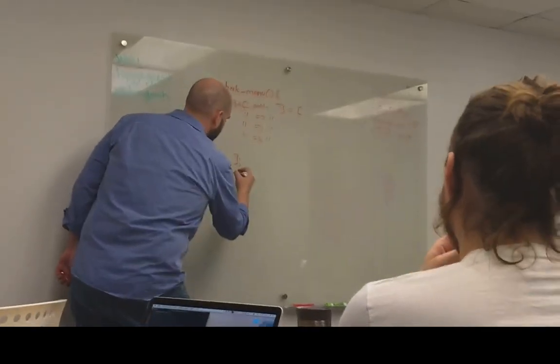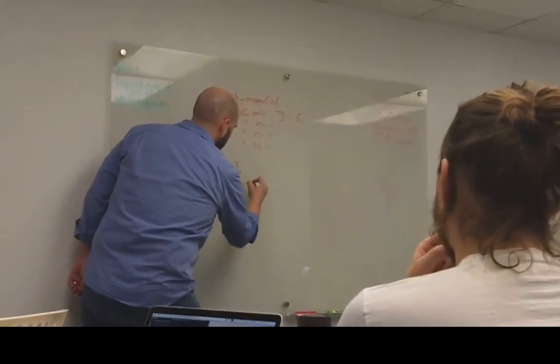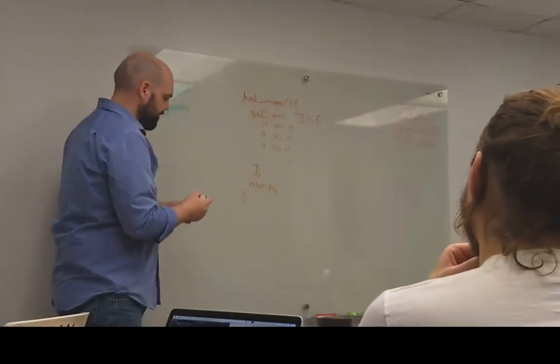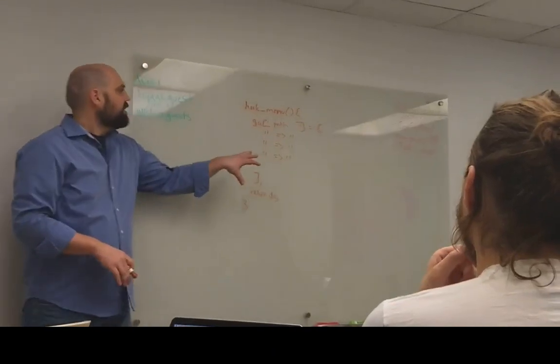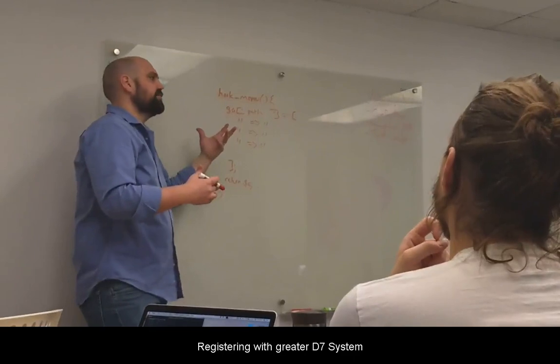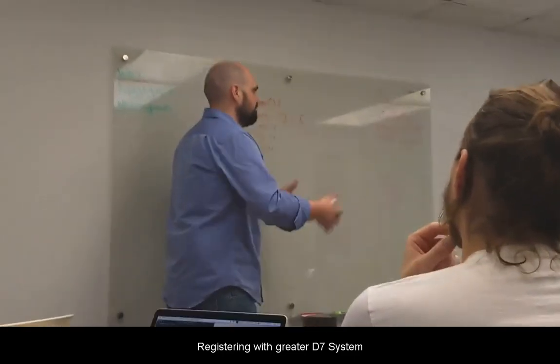And then all you do is return that array. So this is super common in more than just hook menu in Drupal 7. This is registering something with the greater Drupal system.